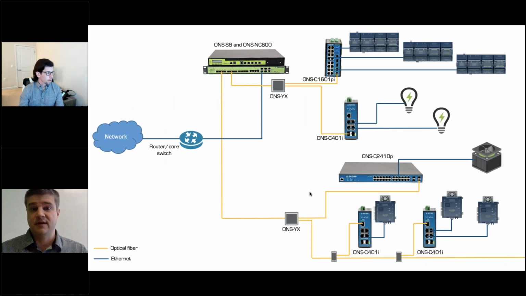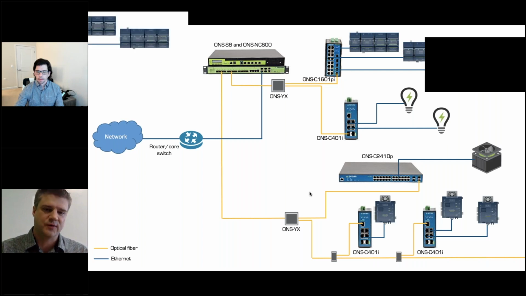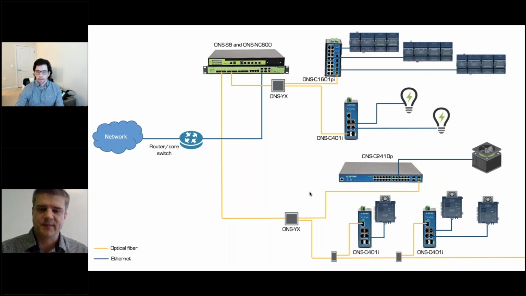What I want to bring up, for everybody that saw the last webinar on layer 1, layer 2 physical connections, we built up this little network. What you can see there, the green device is a network controller or a head switch. The devices with the blue faceplates are all switches. We've got lights and valve controllers and various devices connected on the end there.